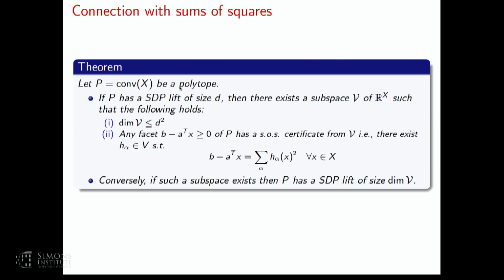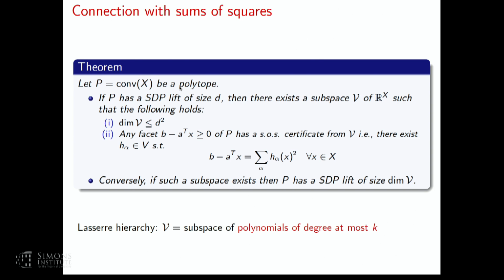Okay, so if you're familiar with the Lasserre hierarchy or the sum of squares hierarchy for describing convex hulls of points, then the Lasserre hierarchy actually corresponds to the choice of V being the subspace of polynomials of degree at most k.